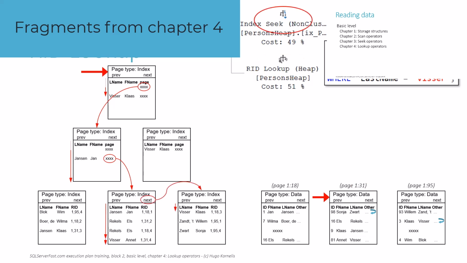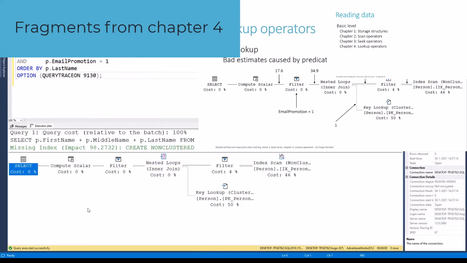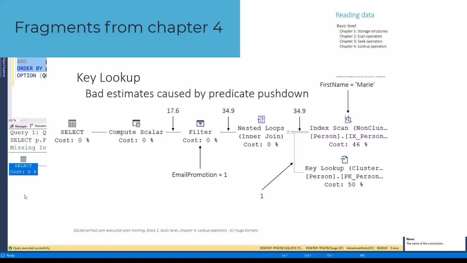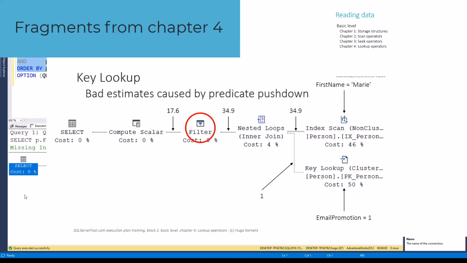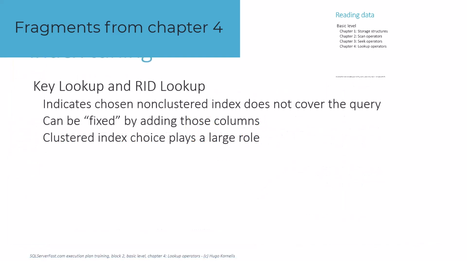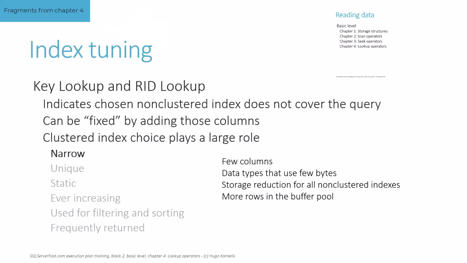When a predicate gets pushed down in a lookup, then a logical error in how SQL Server handles adaptation of the properties causes some weird issues with row counts. We'll explain why. We will also cover all other important properties of lookup operators, and the chapter concludes with some thoughts on how smart index design and especially choice of clustered index can reduce the need for lookups.